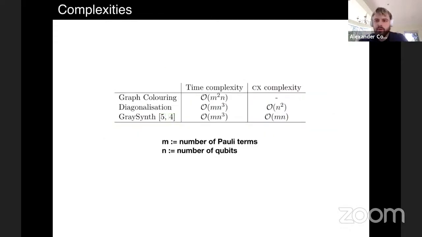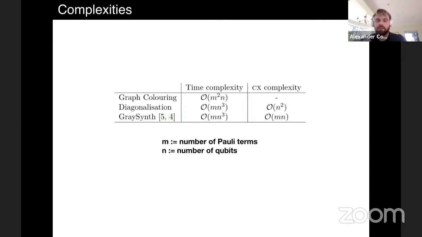And all of the work that we're doing in compilation here carries with it some associated computational cost. So if we have m being the number of Pauli terms that we started off with in our trotterized expansion, and n being the number of qubits, then graph coloring takes order m squared n, and there's been some work to reduce the time taken in practice for things like measurement reduction.